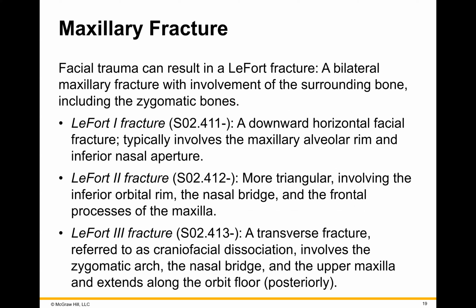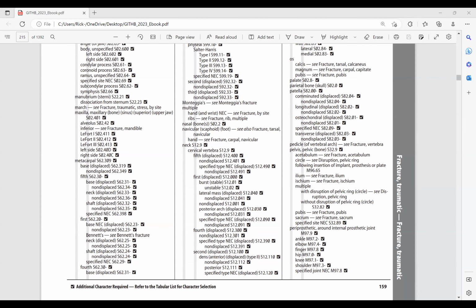Again, common eponym. Let's take a look at Lefort fractures. And again, as we can see here, we know that a Lefort fracture is a fracture of the maxillary bone.